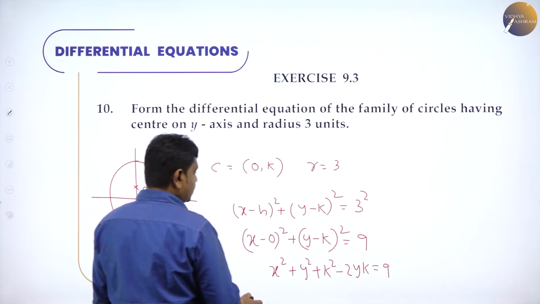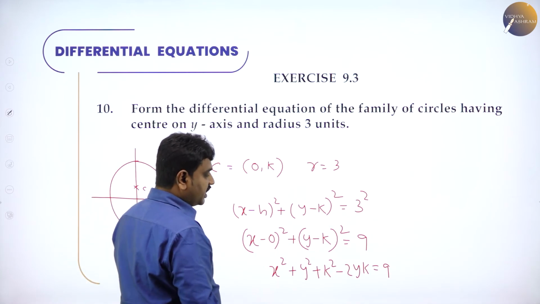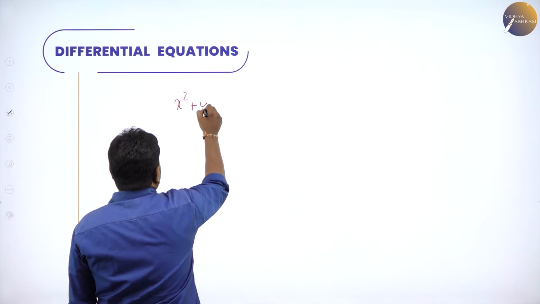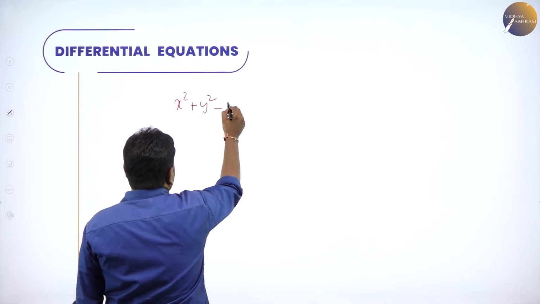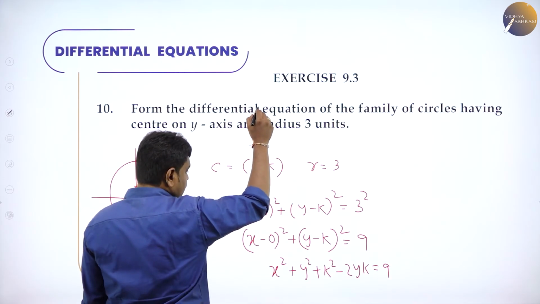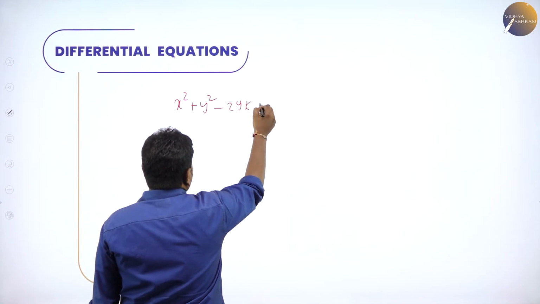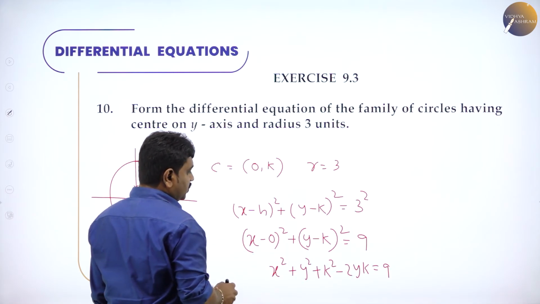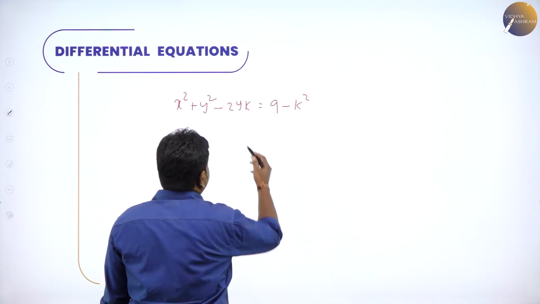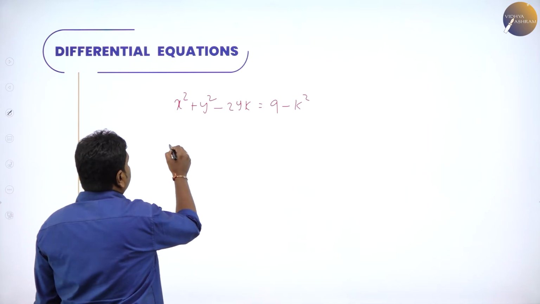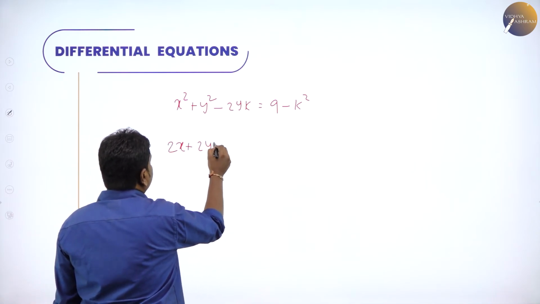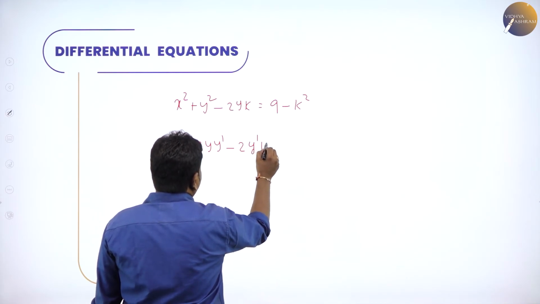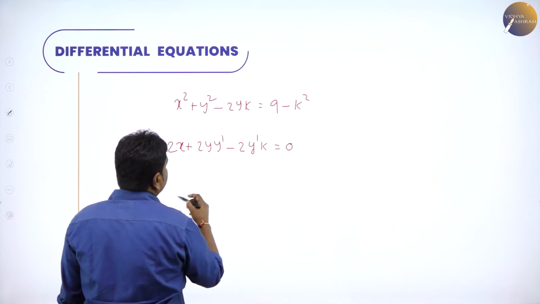So now rearrange. So we have only one parameter called k. So differentiate both sides and rearrange. So now we have x square plus y square minus 2yk is equal to 9 minus k square. So now I transferred all the terms to RHS. Now differentiate: 2x plus 2y y dash minus 2y dash k is equal to 0. So from this you can get k.